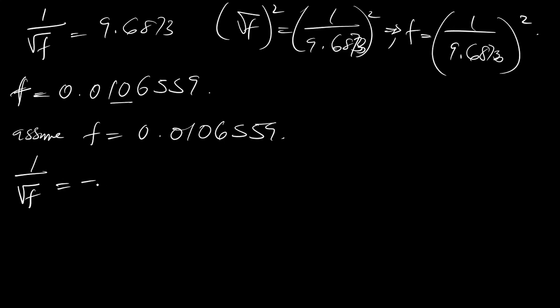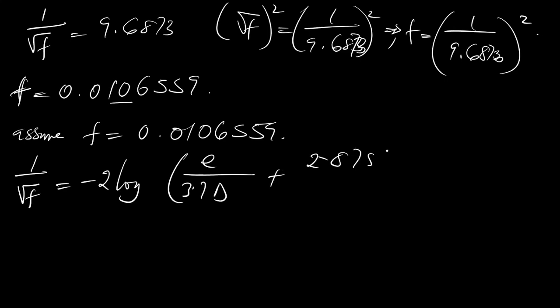1 all over the square root of f equal to minus 2 log of e divided by 3.7 d plus 2.825 divided by the Reynolds number divided by the square root of f.